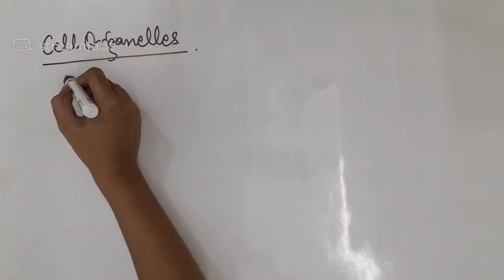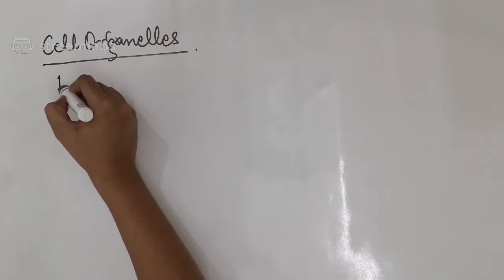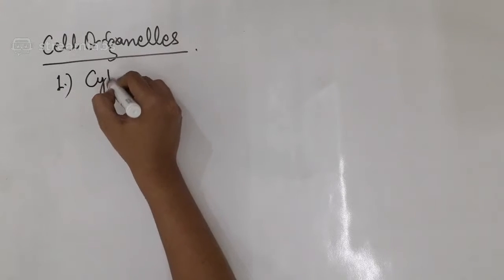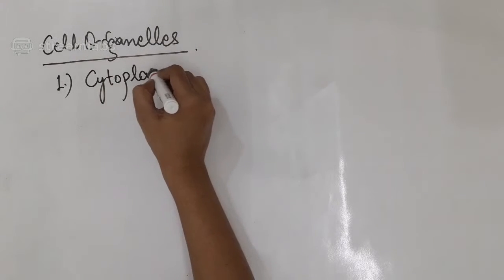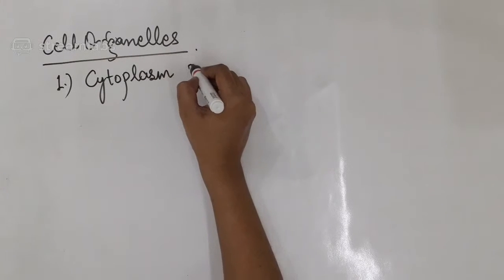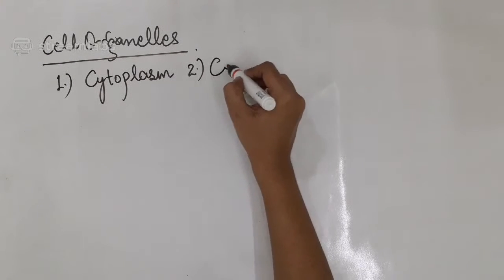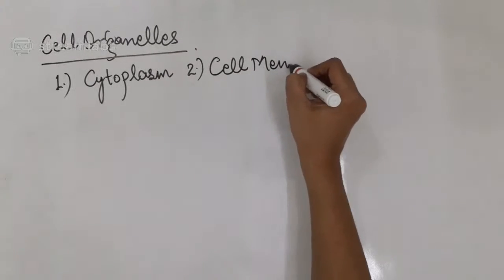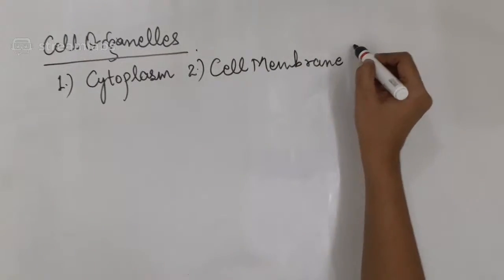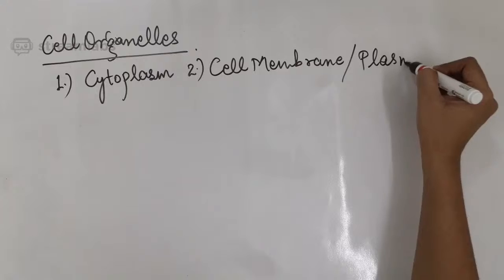As you know that a plant or an animal cell comprises of three basic components, that is the cytoplasm enveloped in a membrane known as the cell membrane or plasma membrane.